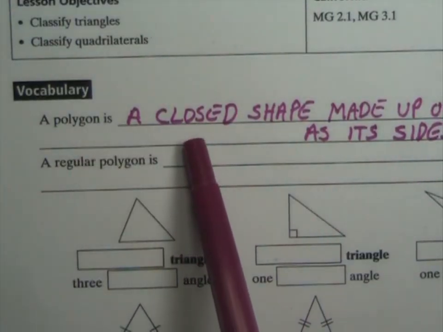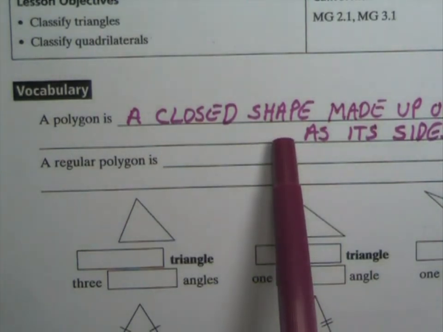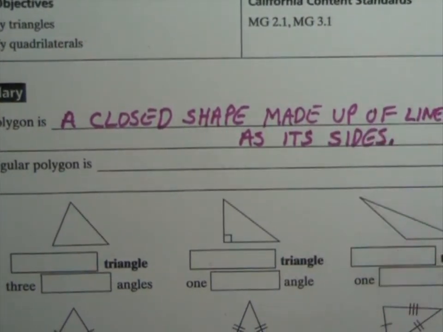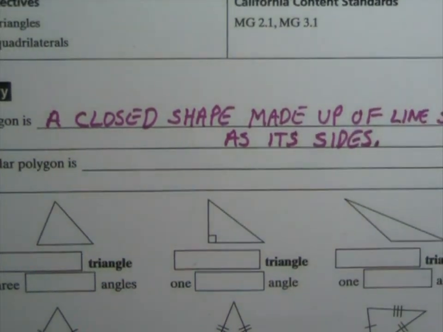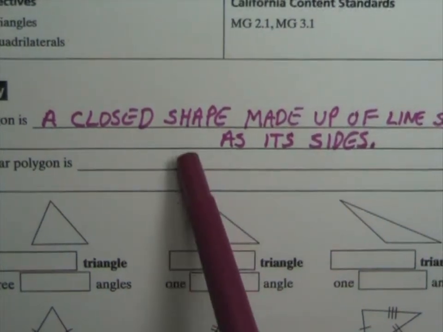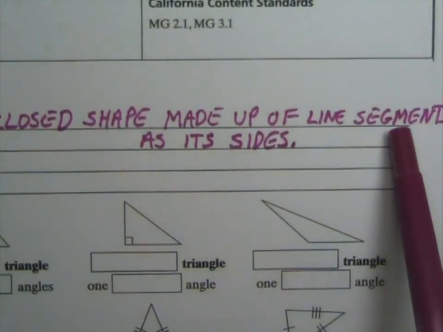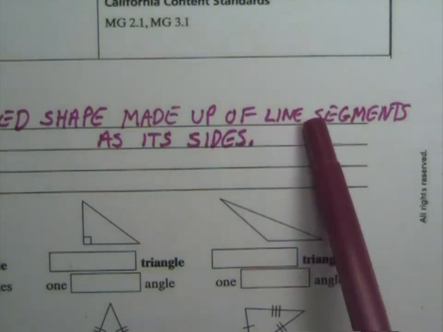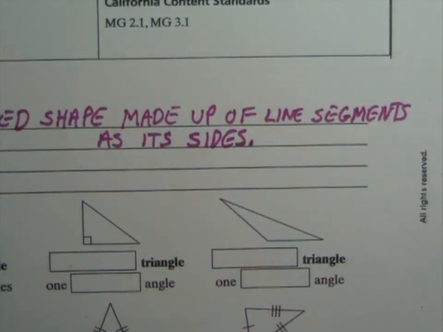A polygon is a closed shape made up of line segments as its sides. Yeah, so there's no curves in a polygon.